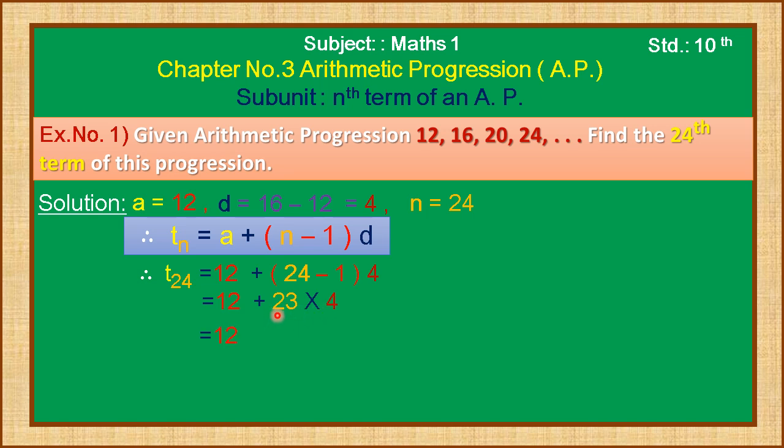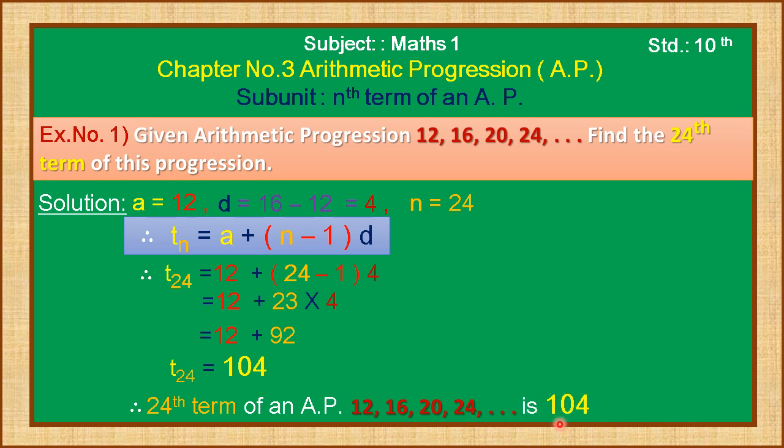In the next step, 12 plus 23 into 4, which is 92. Now add 12 and 92. We will get T24 equals 104. So the 24th term of the AP 12, 16, 20, 24 is 104.